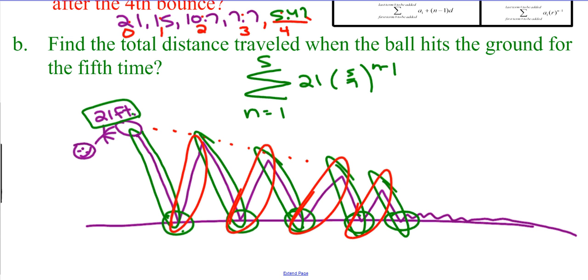But what I want you to notice is that the downs have an extra term right there. This 21 feet that it falls in the beginning makes a difference because it doesn't ever go up 21 feet. So we're going to plug this in our calculator, and this is going to give us the downs. The ups don't have 21 feet. I think I just said downs.